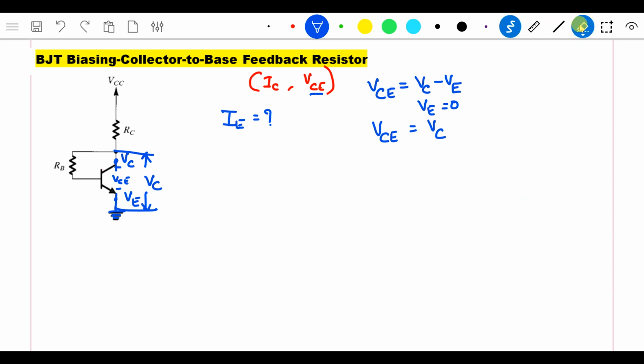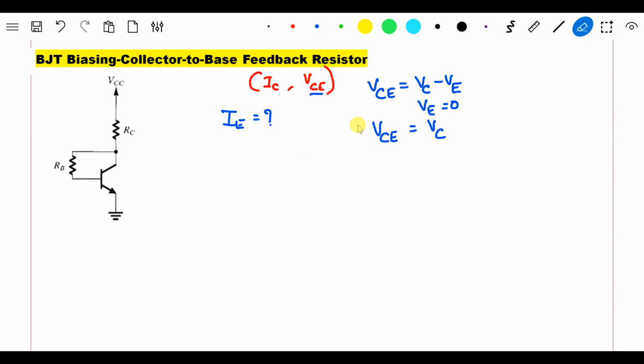Now let me go with the equation for VC. To find the equation for VC, let us go back to the circuit. We know that this is VC, and the voltage at this point is VB.